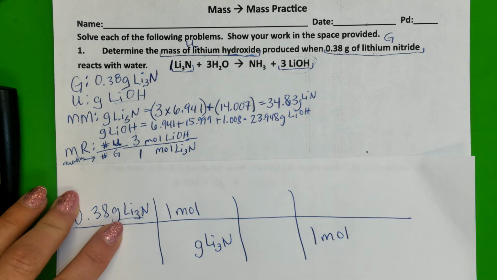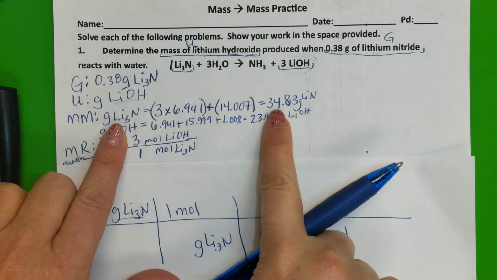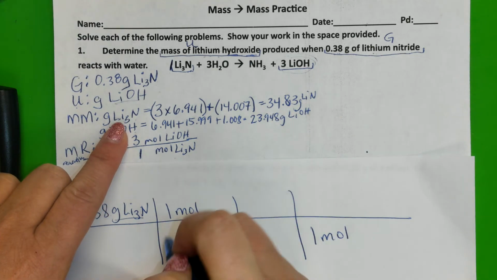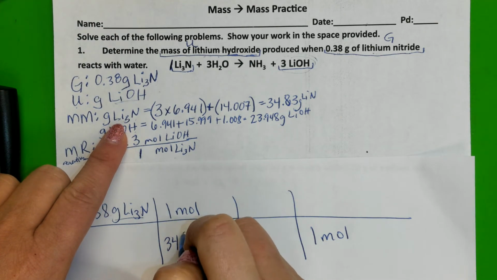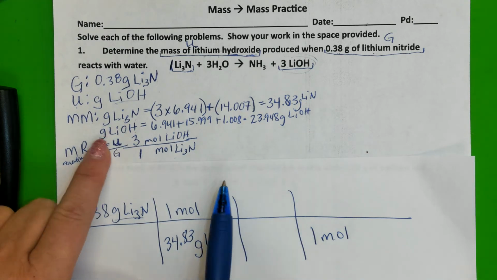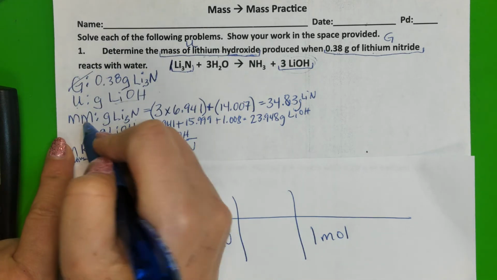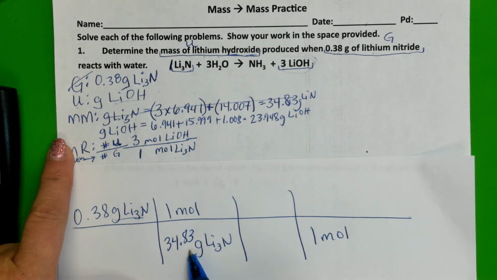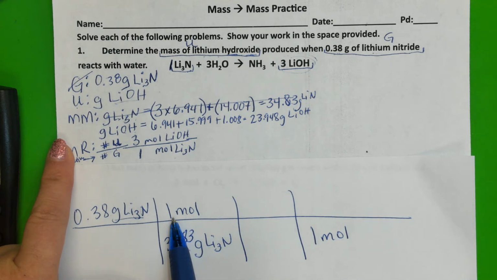The molar mass of lithium nitride will be 34.83. So that will be your first molar mass, and that will equal 1 mole.